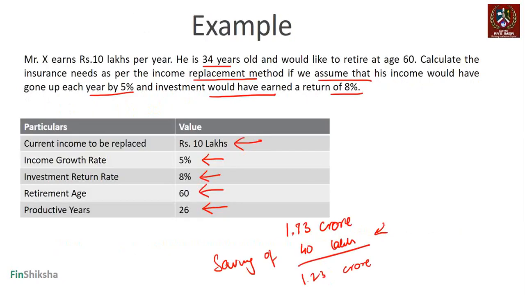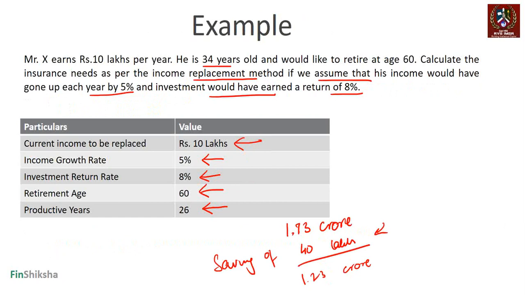So effectively, that is how we go about evaluating the present value of the income stream that a person will have, at the expected investment return rate that someone would have after the money is available to them.